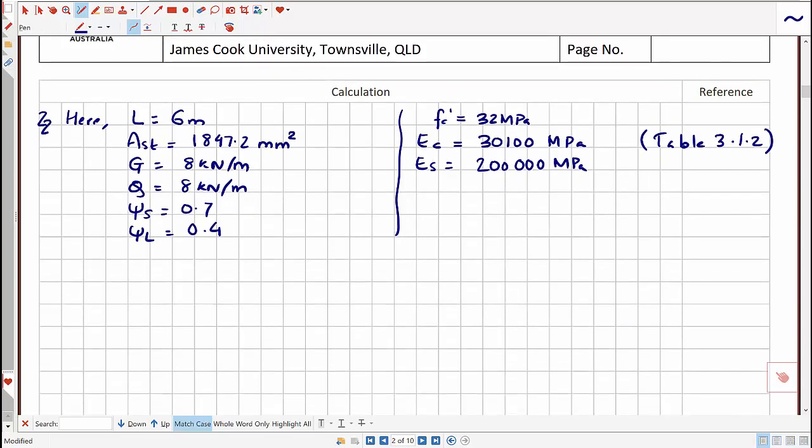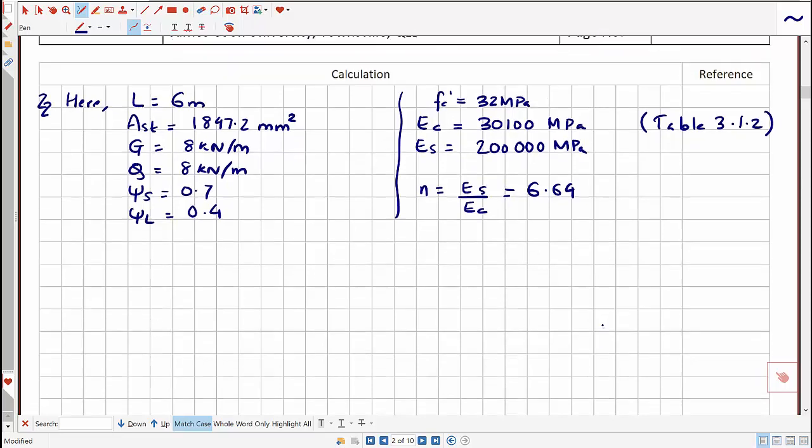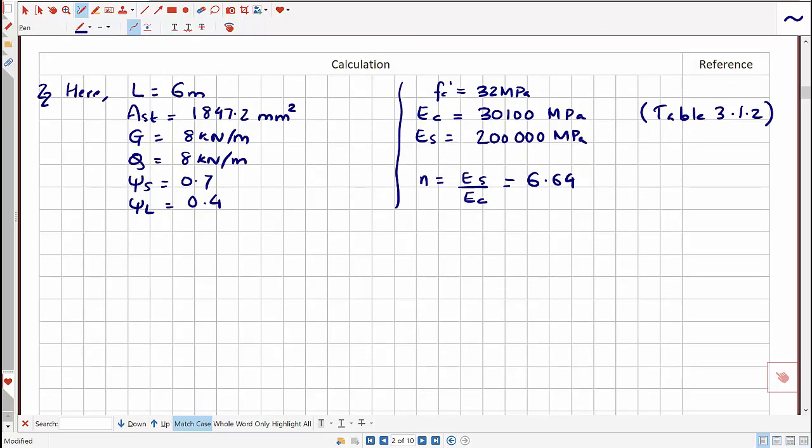So once we know the Young's modulus of steel and concrete, we can find the ratio n that we will use later on. That Es over Ec is 6.64. That is the ratio between the Young's modulus of steel and Young's modulus of concrete.